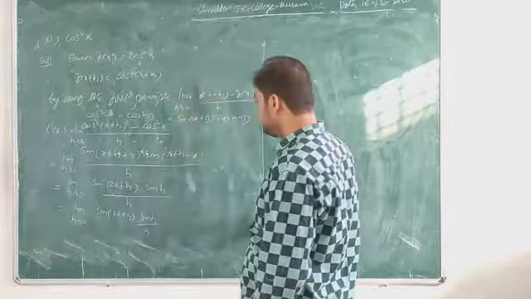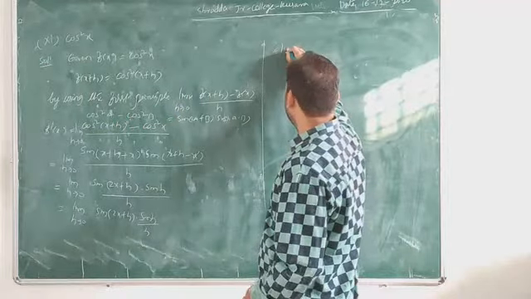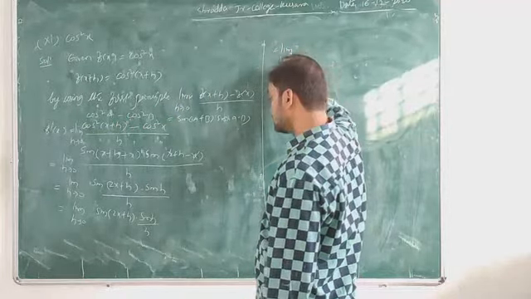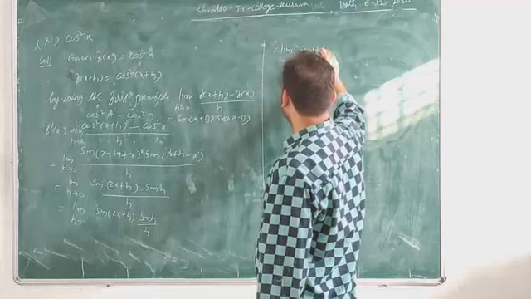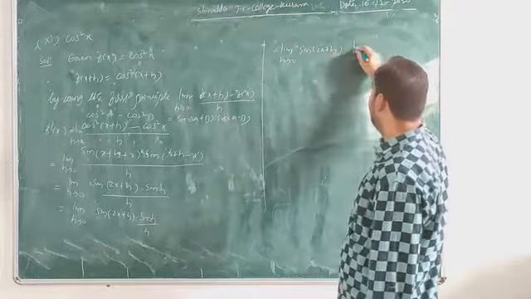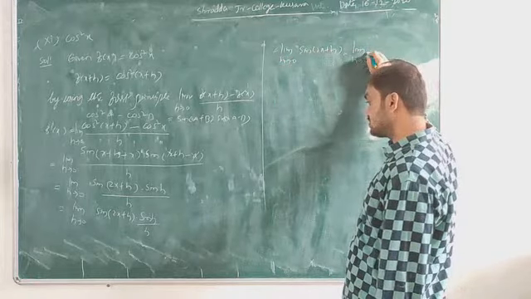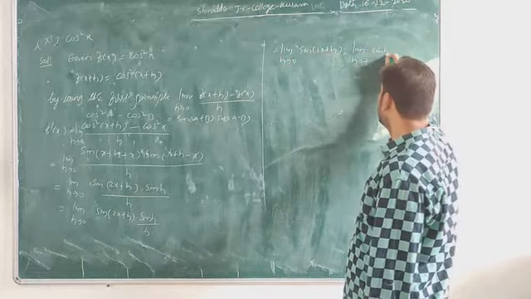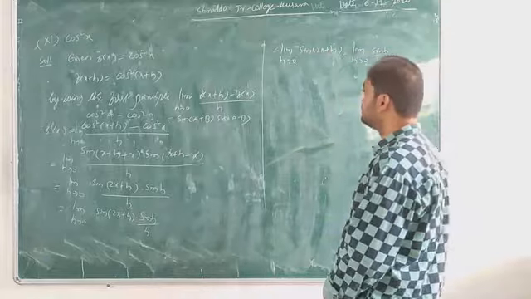Now see, limit h tends to 0 of sin(2x+h), and next limit h tends to 0 of sin h by h.